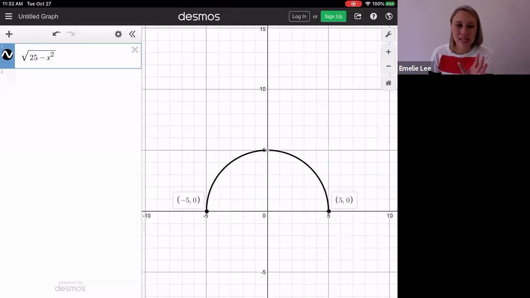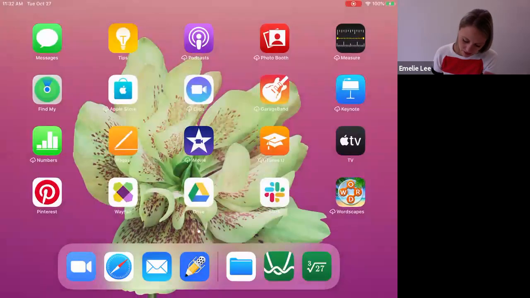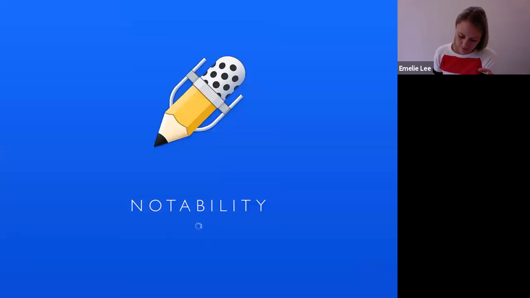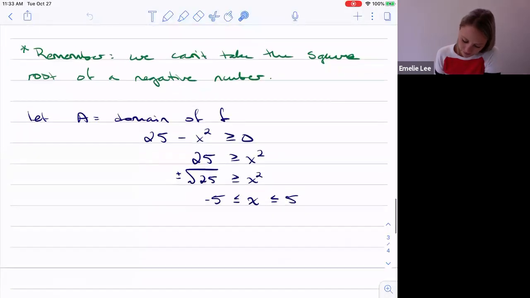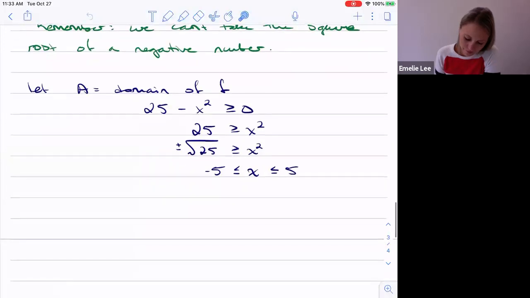So it makes sense what we're saying, that x has to be between negative 5 and 5. So the domain of f is that x is between negative 5 and 5.